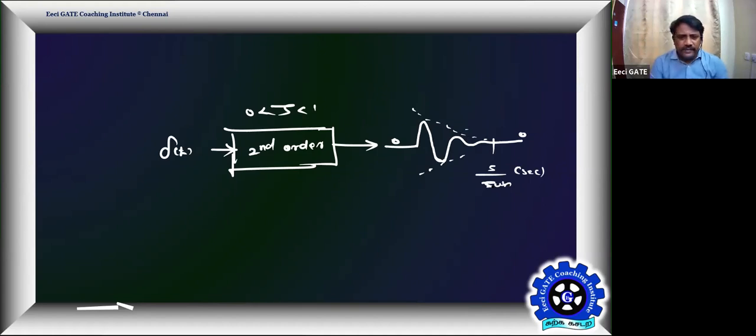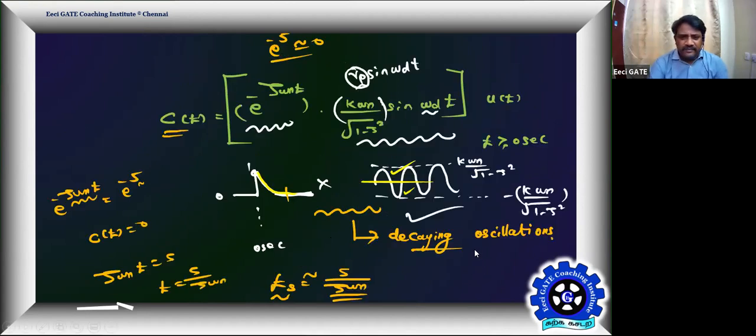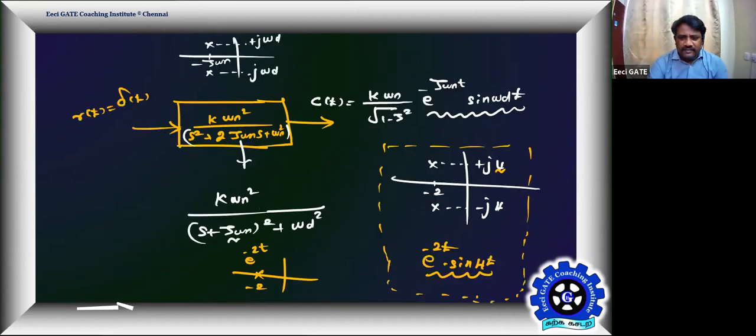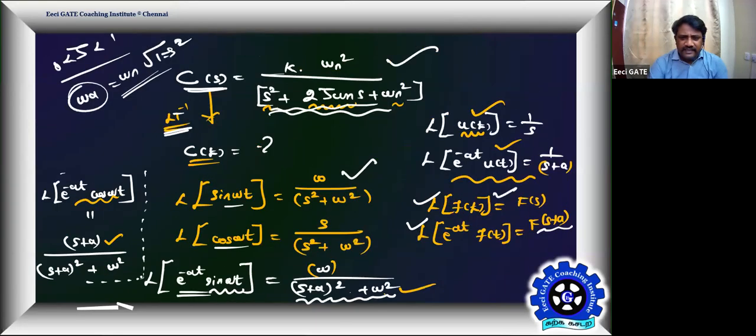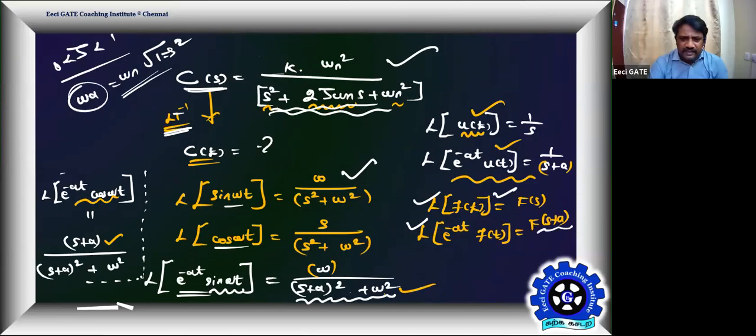Simple. Understood now? How much time does it take to derive the unit impulse response itself in a second order underdamped system? Is it clear? Complex or easy? Easy. It's where we started.